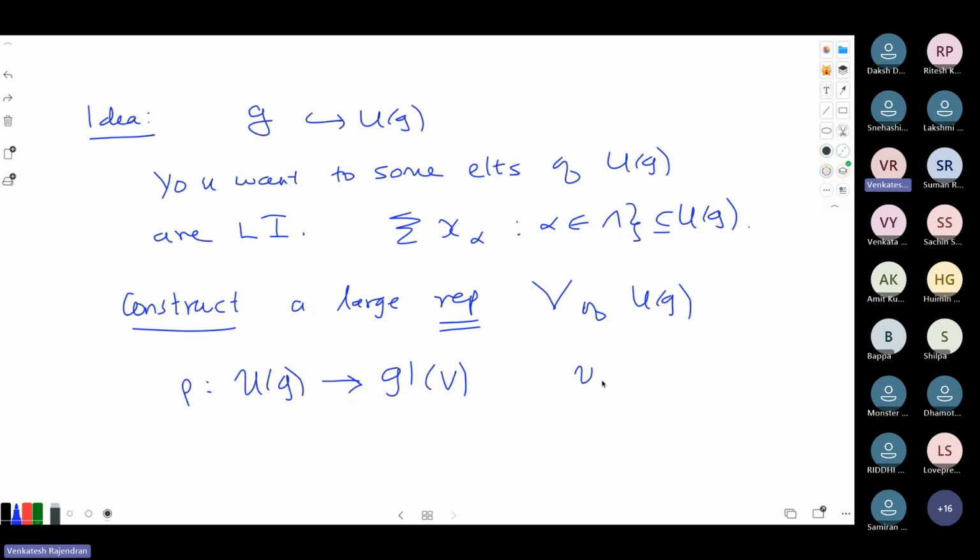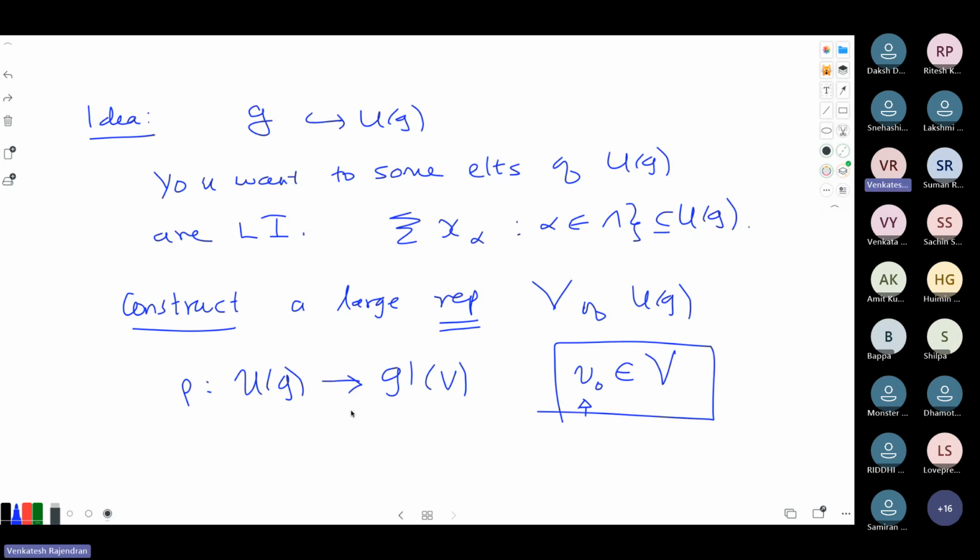Then you have a very specific vector in V, most of the time called the vacuum vector. In this generality, mostly 1 in SG will be good enough as your vacuum vector. So you have this vector v_0 in V.